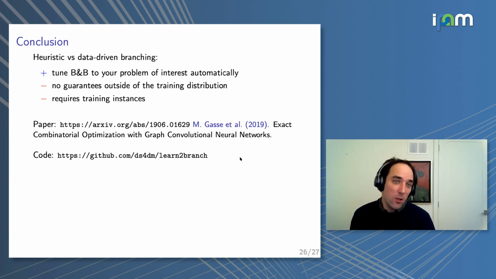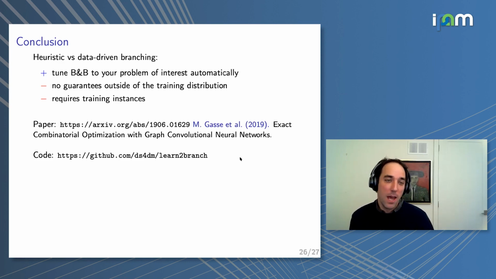Okay, so some concluding thoughts. We've shown here that we can tune your BnB solver to a class of problems of interest automatically by using a GCNN for branching. Of course, the issue with that is there's no guarantee outside of the training distribution. We show that we can generalize to slightly harder instances in terms of size, but we don't think this would generalize to a different family of instances.